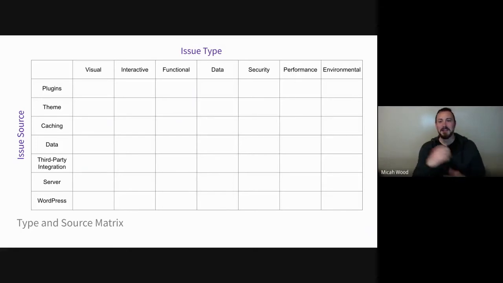If we can have a logical, systematic way of digging in and trying to exclude the things that don't apply, that way we can narrow in on the things that are most likely the problem, right? So the idea here is that you'll take your source and your type, and figure out which things don't apply, and then from there you can say, well, given what's happening and the things we've eliminated, this is likely the issue.